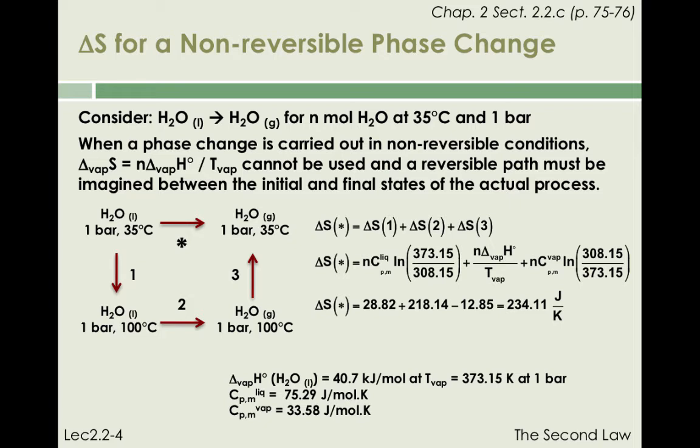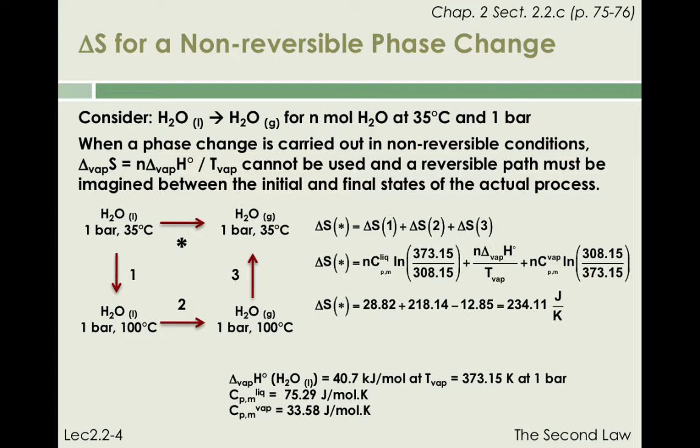In the preceding lecture, we learned that the change in entropy as a result of heating or cooling n moles of a pure substance under isobaric condition is equal to n times CPM times the natural logarithm of the ratio of final temperature to initial temperature. This is what we use for step 1 and 3.